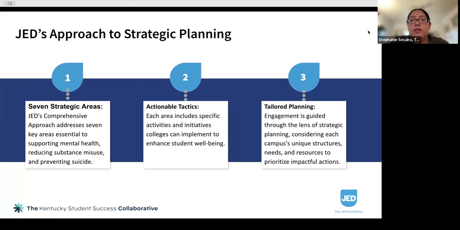So JED also emphasizes actionable tactics as seen in number 2, with each area including specific activities and initiatives colleges can implement to enhance student well-being. Lastly, JED emphasizes tailored planning. JED believes engagement is guided through the lens of strategic planning, considering each campus's unique structures, needs, and resources to prioritize impactful actions. Next slide, please.